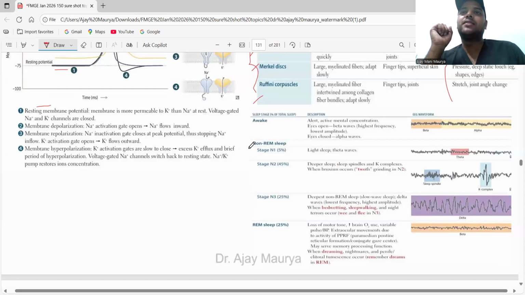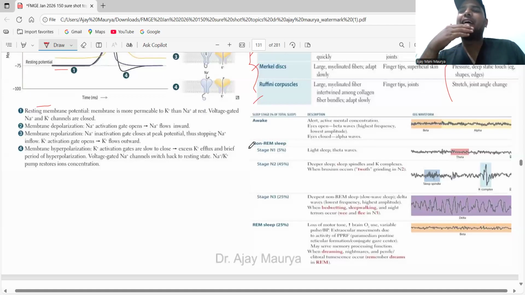Next, stage three is what? It is the deepest non-REM sleep. Delta waves here, when bedwetting, sleepwalking, and night terrors occur. Okay, so in stage three there will be bedwetting, sleepwalking. I remember in my childhood I also did bedwetting.